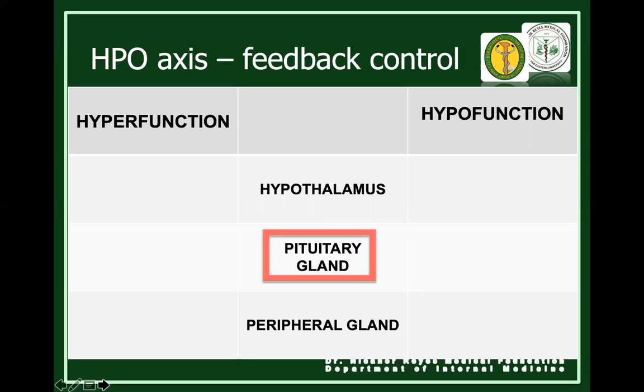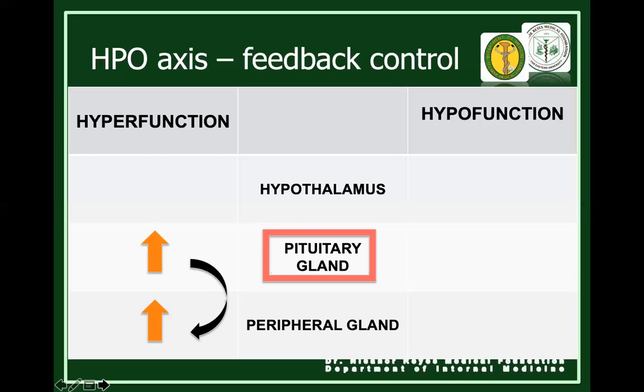Okay, so the feedback mechanism usually looks this way. So there's your pituitary gland. And if you have a pituitary gland, so this pituitary gland has an excess hormone. Okay, so let's say there's a tumor that causes an excess in the pituitary gland hormone. So this would be increased. So your hormones would be increased. And because of the feedback mechanism, this will signal the peripheral gland to also increase its hormone production because it's a stimulating hormone.